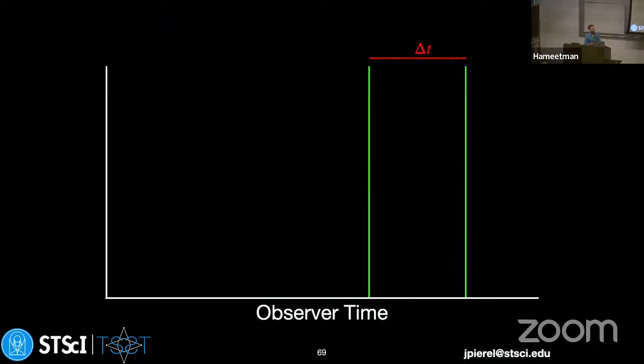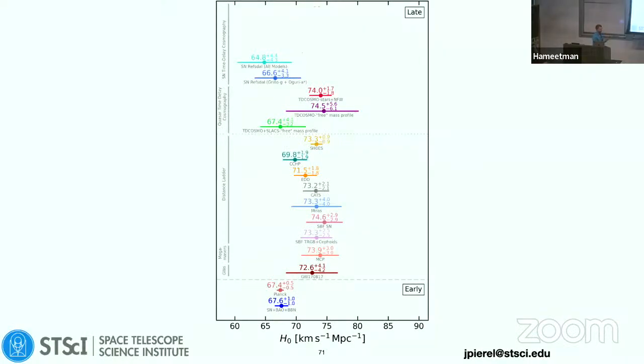The idea is you find something that's variable in the background of a gravitational lens, you try to measure this time delay, and if you can, it's directly proportional to the Hubble constant. So this is another means of measuring the Hubble constant, and another look at that Hubble tension, where these are the CMB and Type Ia measurements.